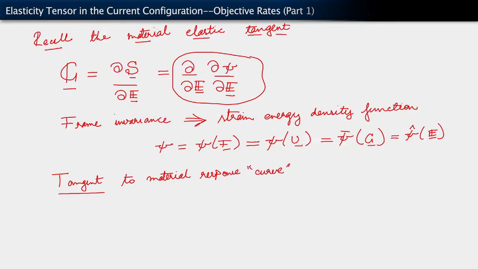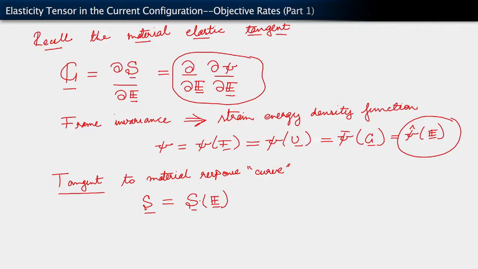It's not really necessary to put that word in quotes. Anyway, let me tell you what I mean by all this. So essentially when we have a hyperelastic strain energy function, because of this sort of dependence, we know that we can now write the stress ultimately as a function of E. So that functional dependence gives us the material response curve, so to speak.